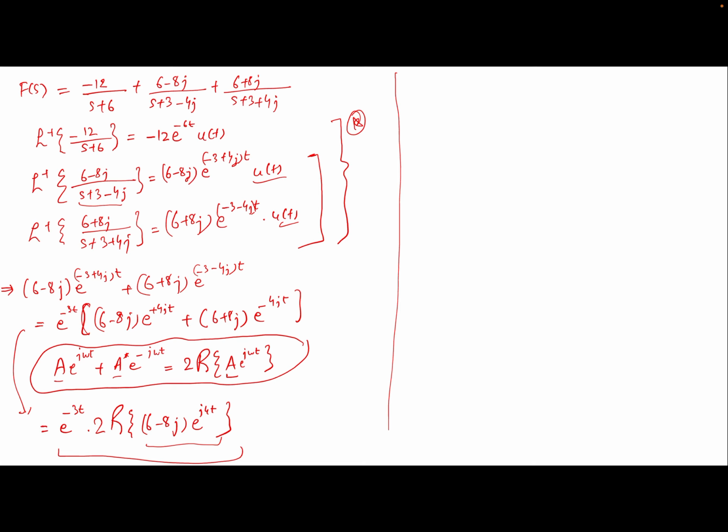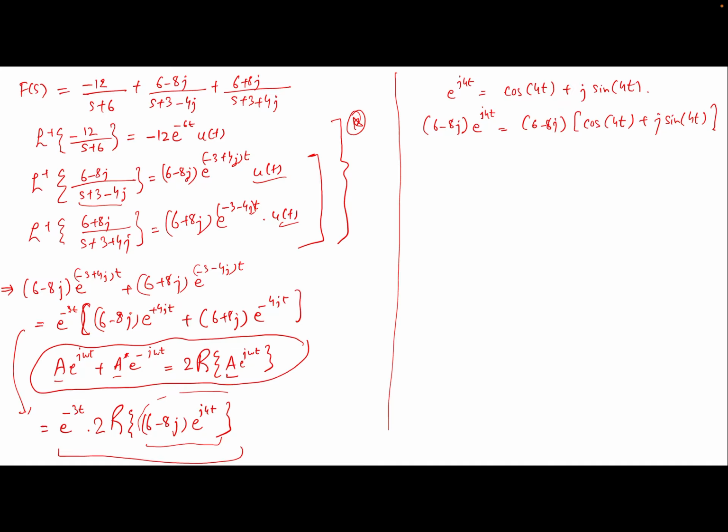Okay, so let me solve a little bit more. E raised to power j4t, from the Euler formula I know that this should be equal to cos of 4t plus j sine of 4t. Okay, so let me first solve for this one. So I got 6 minus 8j e raised to power j4t, which should be equal to 6 minus 8j times cos of 4t plus j sine of 4t.